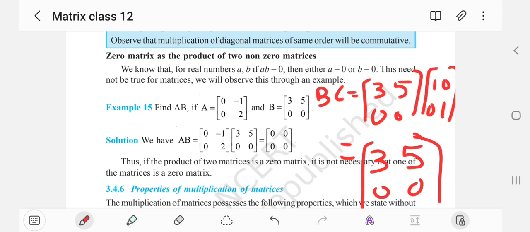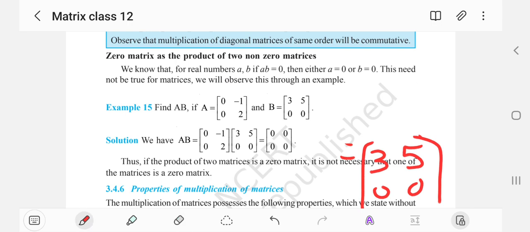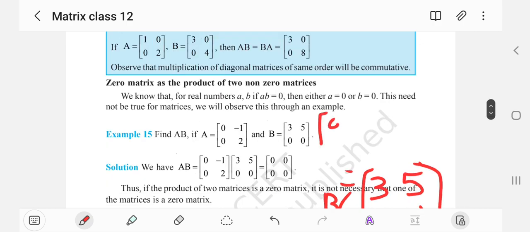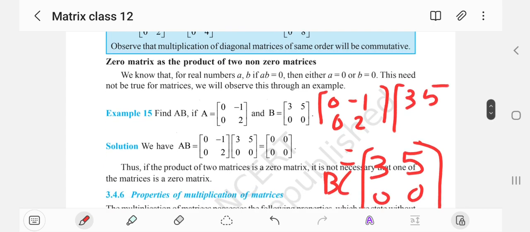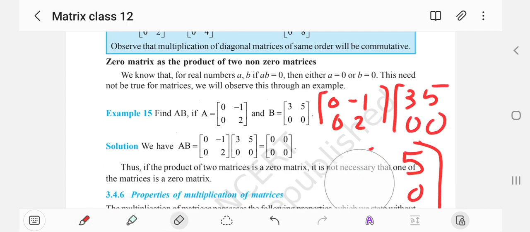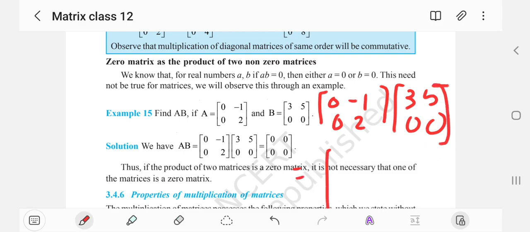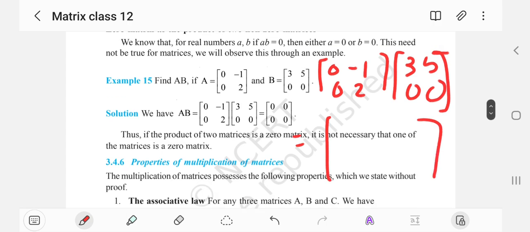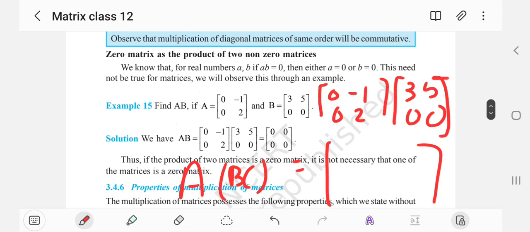Now let me erase this part. If I multiply this BC with A, let's see what happens. This is my A, and this is my BC, which is 3 5 0 0. Due to the unavailability of space, I am writing very congested. You can manage it. So after multiplying, I am actually multiplying BC with A. Let's see, the same way of multiplication is applied here.